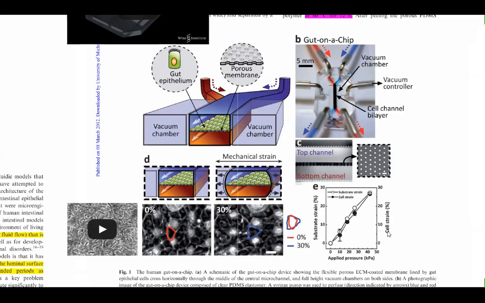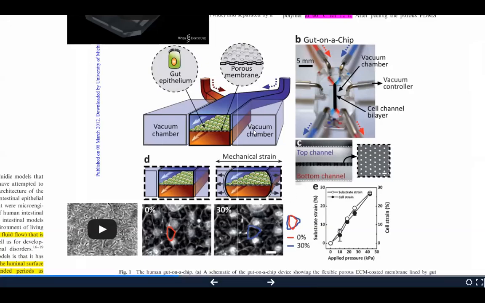And as you can see, the measured cell strain and substrate strain are quite similar to each other because the cells are attached over the porous membrane, and this porous membrane is moving due to the movement induced by this vacuum chamber.